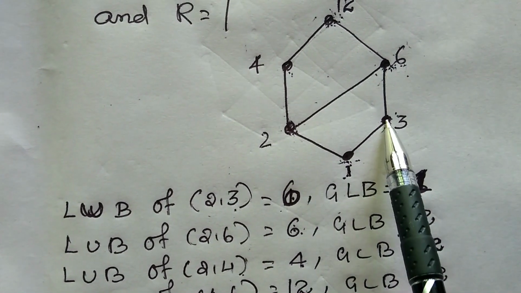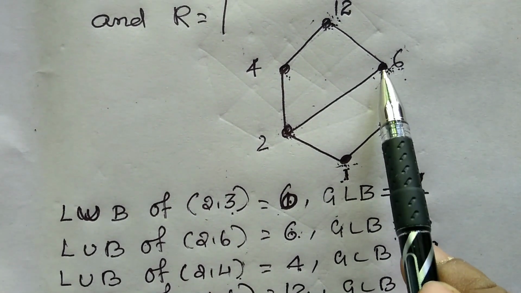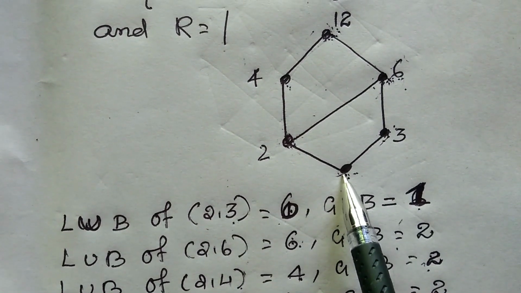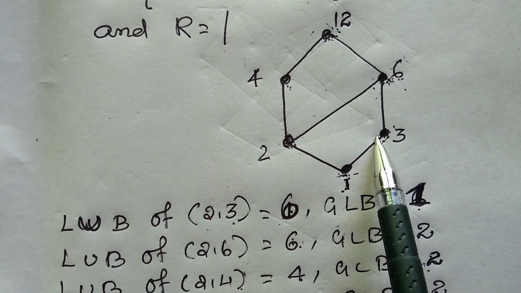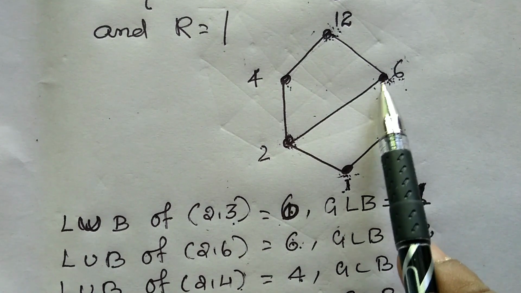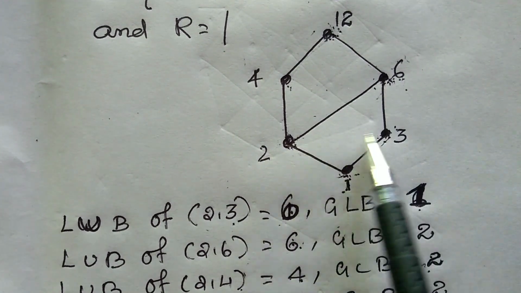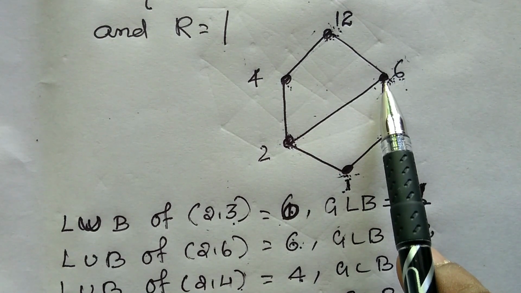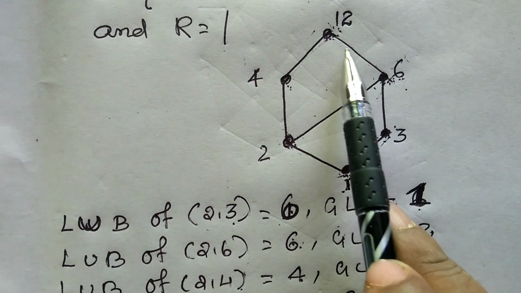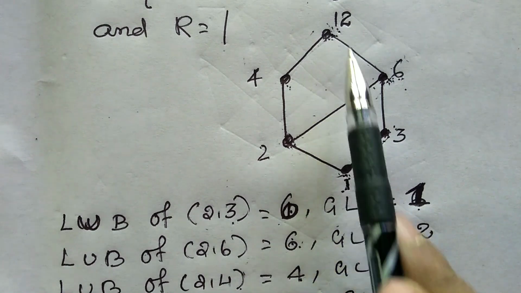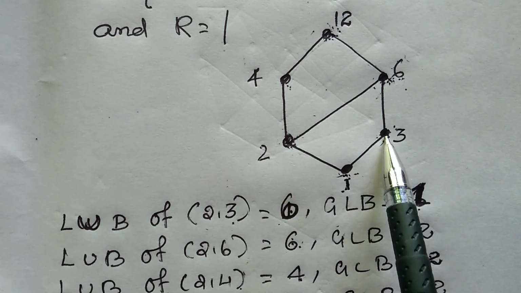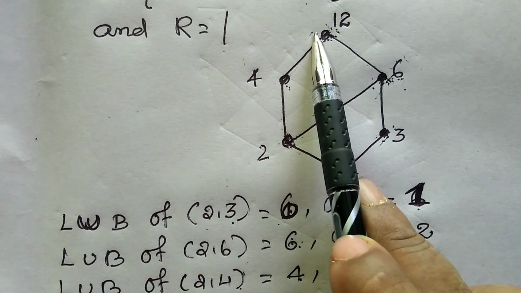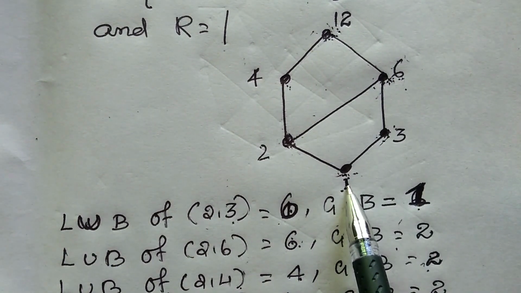These 2 and 3 are connected by 6 and 1. 6 is the top value connecting 2 and 3. Also, by the transitive condition, this is connected by 12. So 2 and 3 are connected by both 6 and 12 as well as 1.